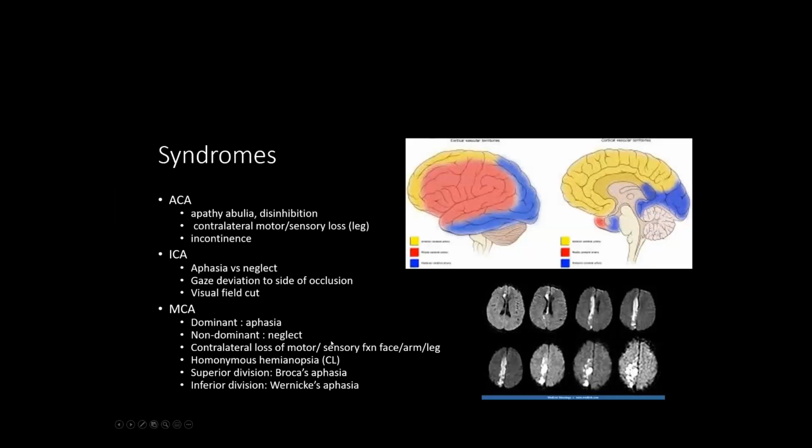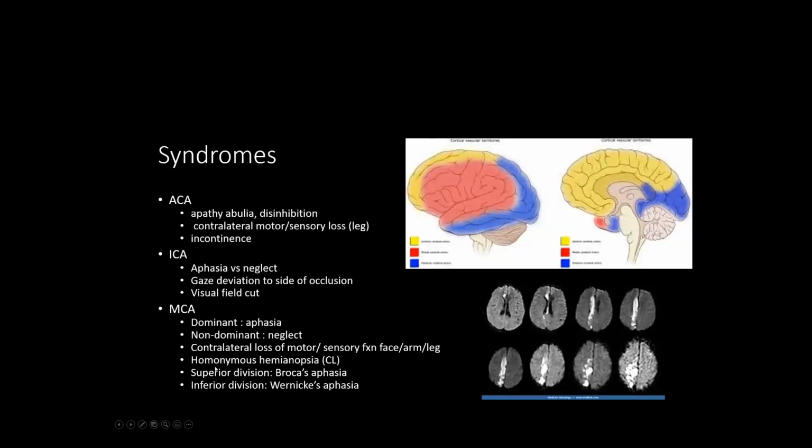And then loss of motor and sensory function of the face and arm more than the leg on the contralateral side. And the reason the leg is less involved is, remember, I just said that your ACA is really where your leg territory is mapped. So as you come out this way on the motor strip, you're getting more arm, face, etc. Arm and face.